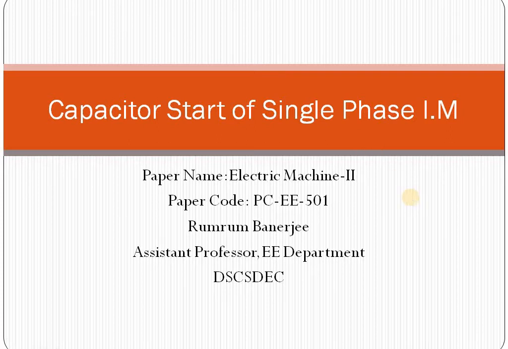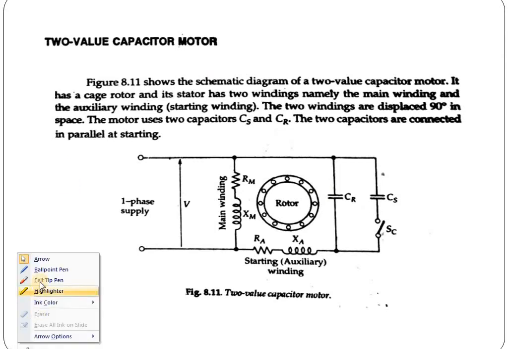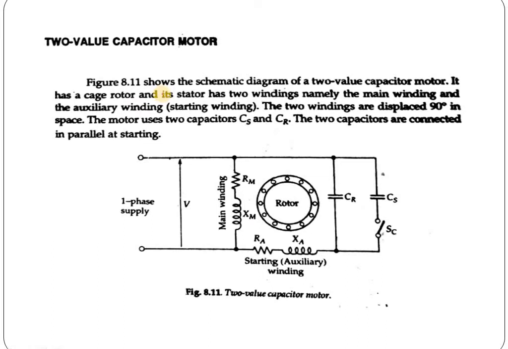Here we have two capacitors, one for starting and another connected throughout the running time also. So this type of motor is also known as a two-value capacitor motor. Why is it called two-value? Because it has two parts, one for the running part and another for the starting part.